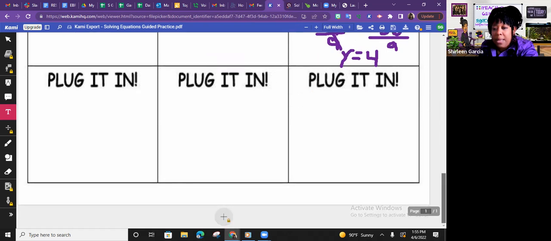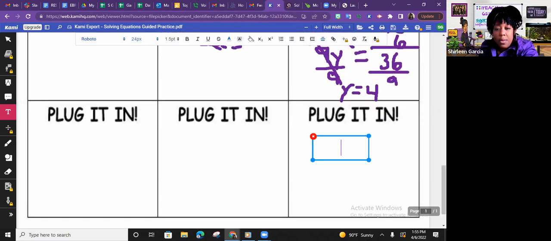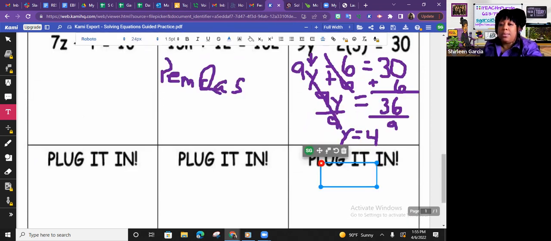We're gonna plug it in. Our original equation was 9y minus 2 times 3 equals 30. We're replacing the variable y with 4 because we figured out that y is representing a 4. So 9 times 4 minus 2 times 3 equals 30.